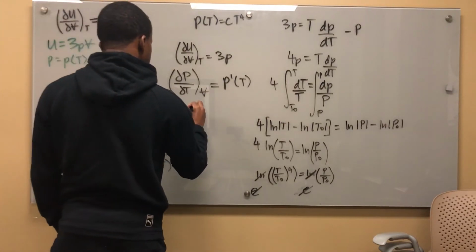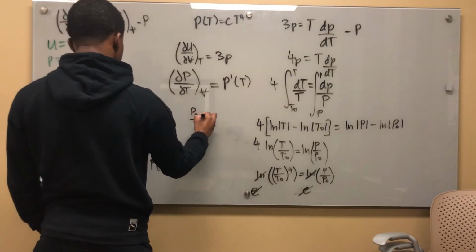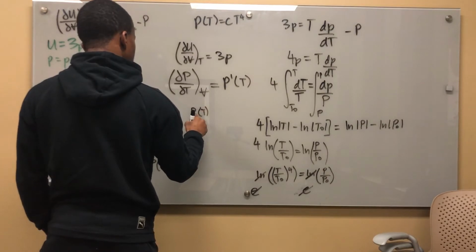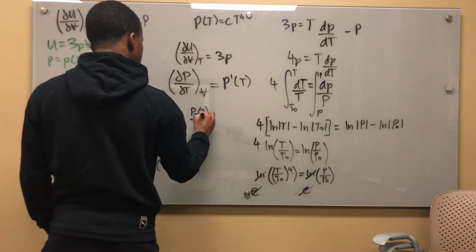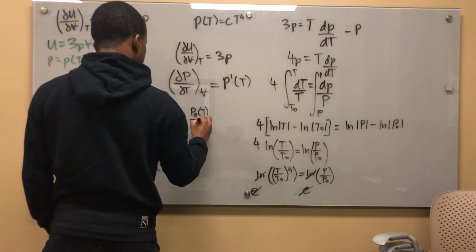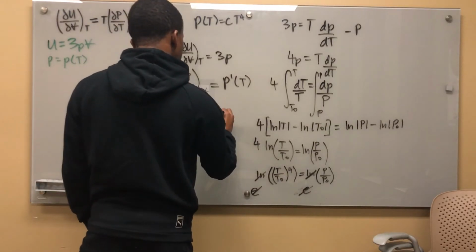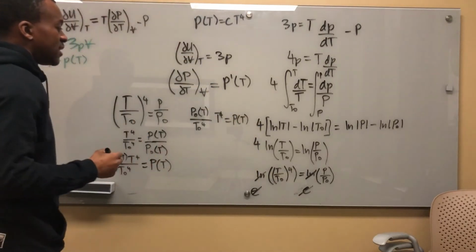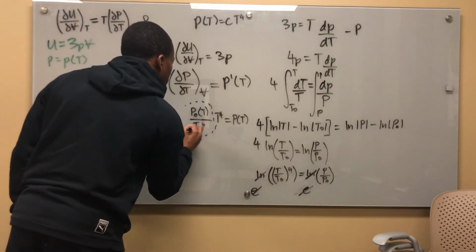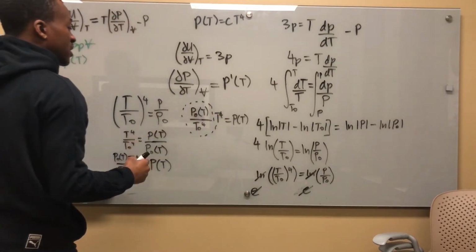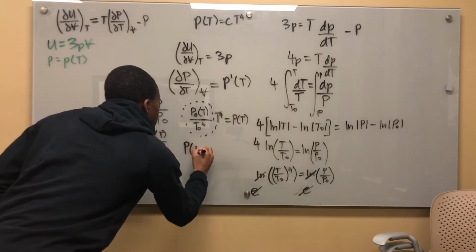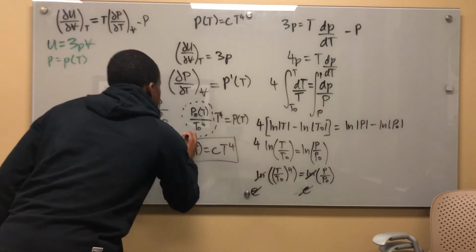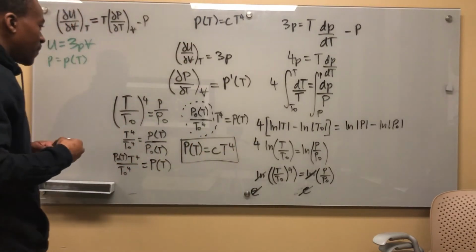Isn't this just a constant? So if I took this whole thing to be a C, I could say that P of T is equal to C times T to the fourth.